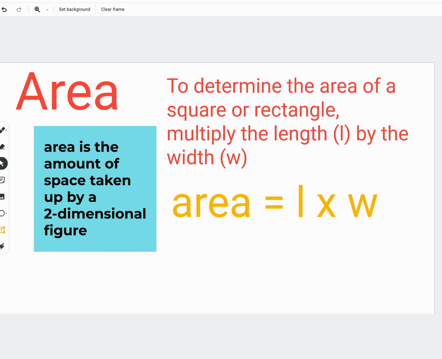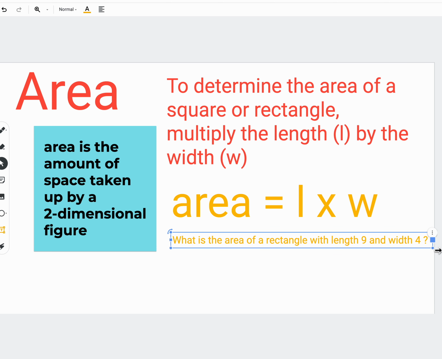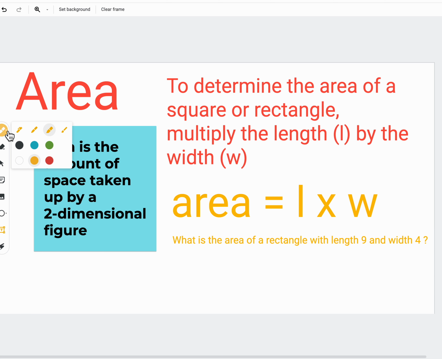So for example, what is the area of a rectangle with a length of 9 and a width of 4? In this case, the length is 9 and the width is 4.